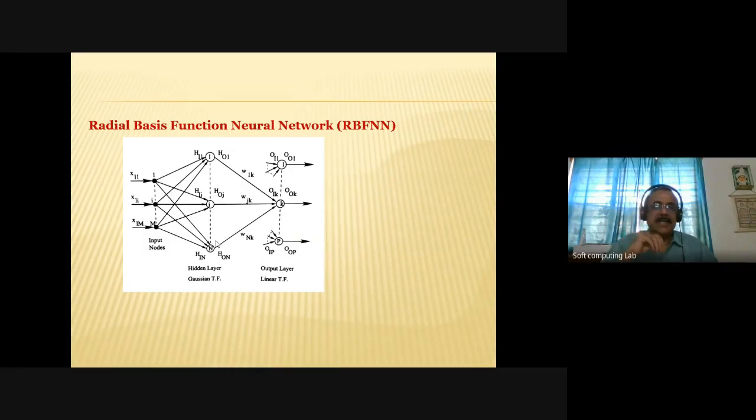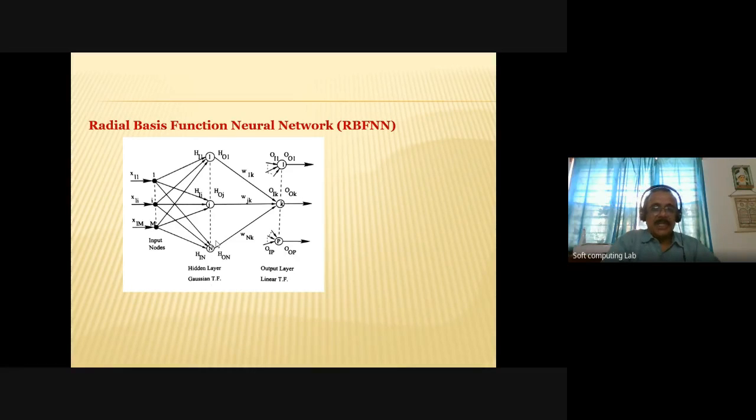There are many such radial basis functions, and out of all of them, the most popular one is the Gaussian distribution. I hope all of you know about this Gaussian distribution. It has the mathematical expression y equals e raised to the power minus half of (x minus mu divided by sigma) squared. Here mu is the mean and sigma stands for the standard deviation.